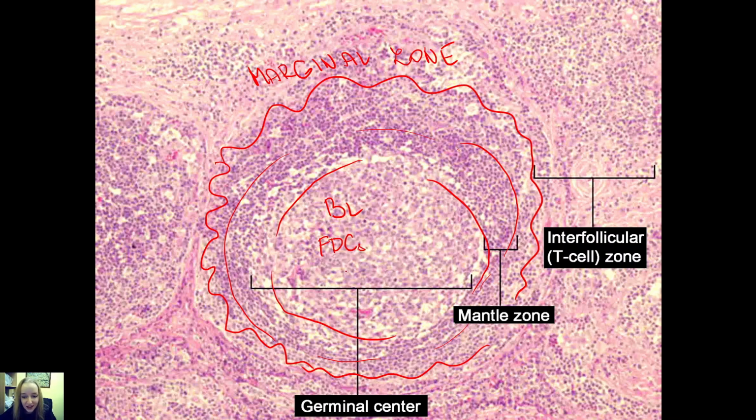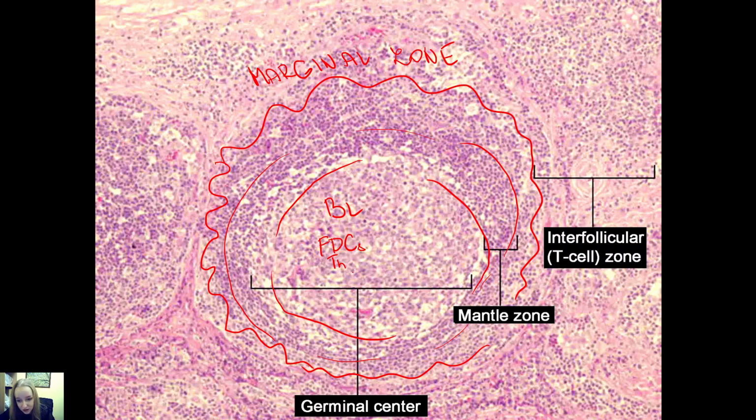Also we can find T lymphocytes here, T helper lymphocytes also in the follicle, but they are mainly around the follicles over here in the interfollicular zone, which is also the T zone around the follicles, but some of them are also in the follicle.